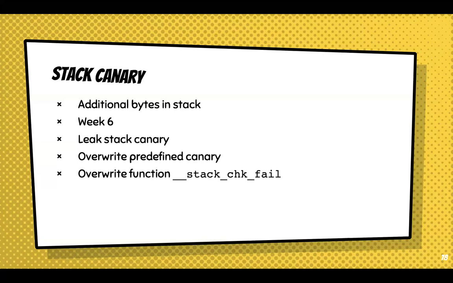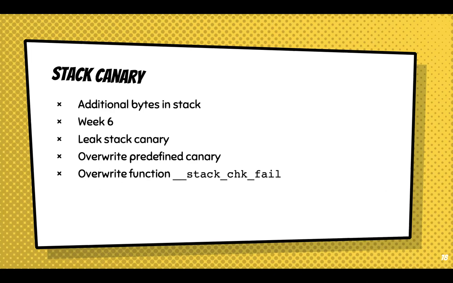Because of a stack canary, you need to make sure that you can bypass this correctly. Basically, stack canary is additional bytes stored in the stack, so that if you overwrite it, it will be checked and trigger a failure at the end of a function.